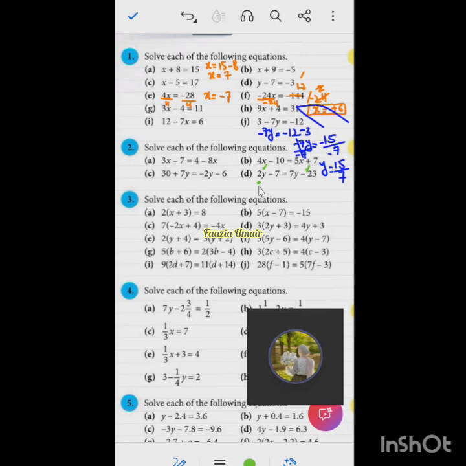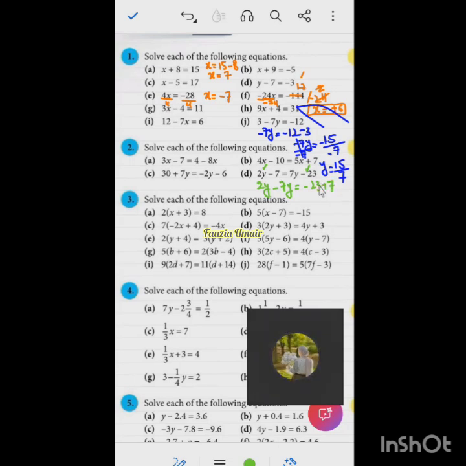First, we can move this minus 7 to the other side and 7y to this side. So plus 7y, when it comes on this side, will be minus 7y. And minus 7, when it comes to the other side, will be plus 7.